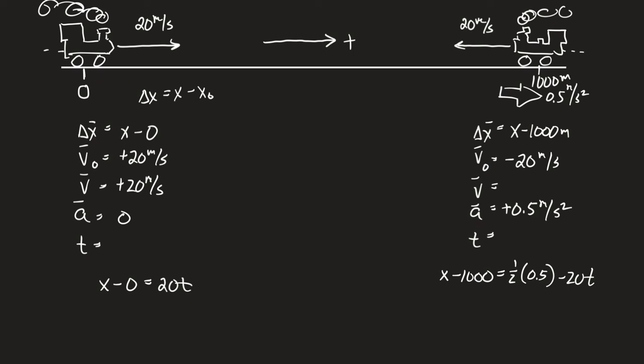So this x actually marks the spot of where they're going to end up, somewhere between the two trains, and they'll be there at the same moment in time. So I'm going to eliminate x and find t. It's a lot harder to eliminate t in this one and find x. So I will have 20t minus 1,000 equals 0.25. Oh, I forgot the t squared there. Nobody pointed it out. Thank you.